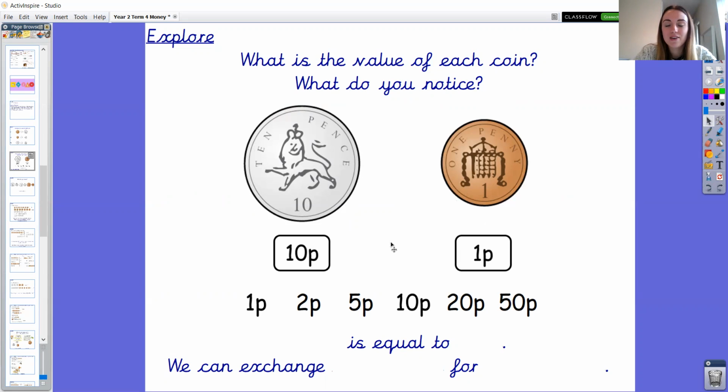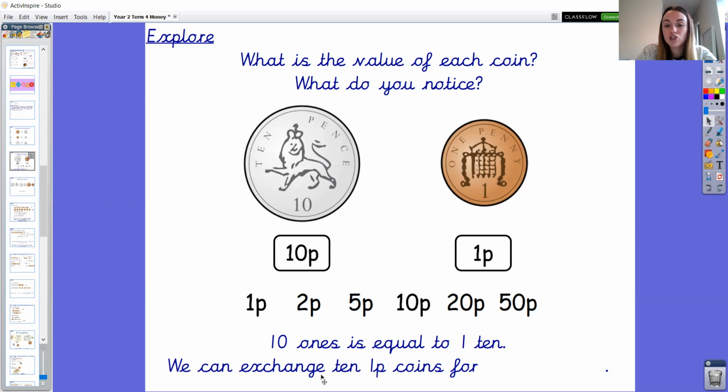Great thinking. Okay, I'm going to share my thinking with you. 10 ones is equal to... Do you think you can finish that STEM sentence with me, Year 2? 10 ones is equal to 10. Brilliant. So this means we can exchange 10 1p coins for... What do you think the blank is in the STEM sentence, Year 2?